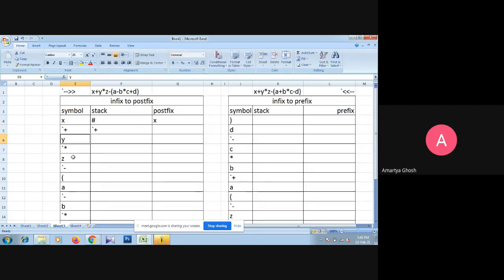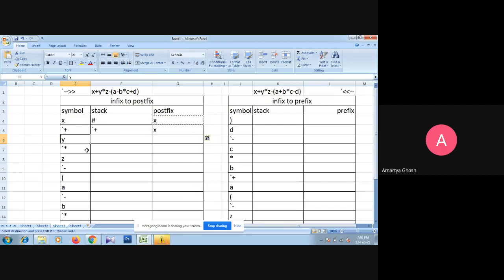So in this row the postfix will be same, because no operator or other symbol is added into the postfix. Now y is the third symbol, and y is the operand.